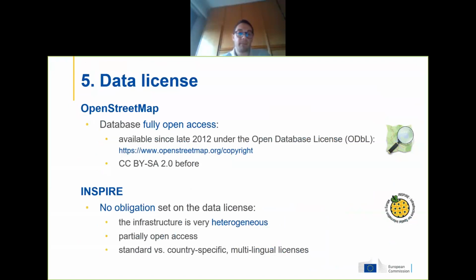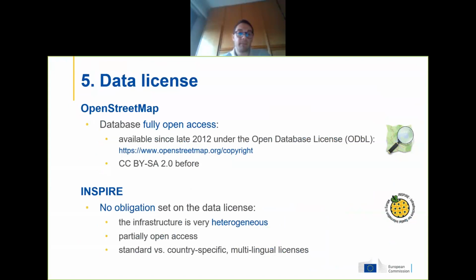Yes, data licenses are also quite important to highlight. OpenStreetMap is a database with a fully open access and a fully open license. Since late 2012, the data inside the database is under the Open Database license.